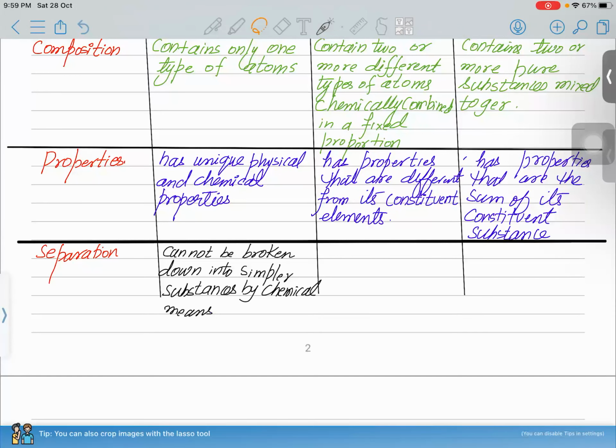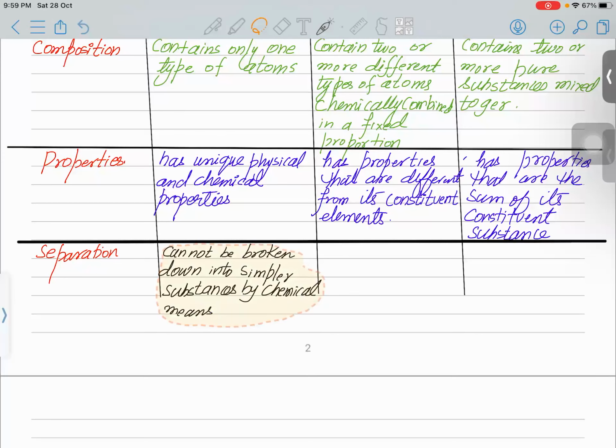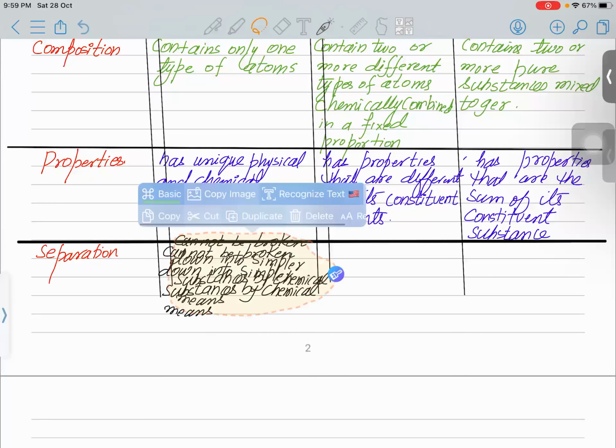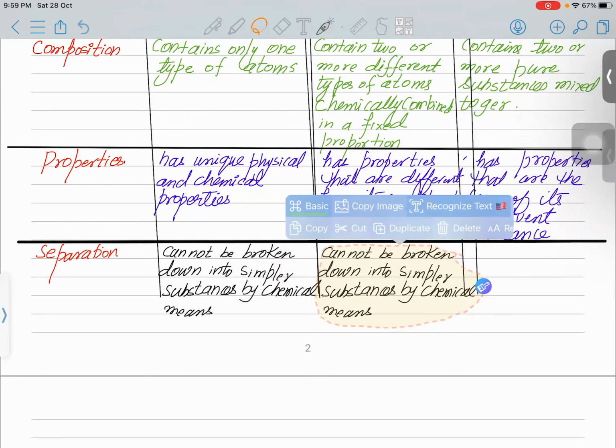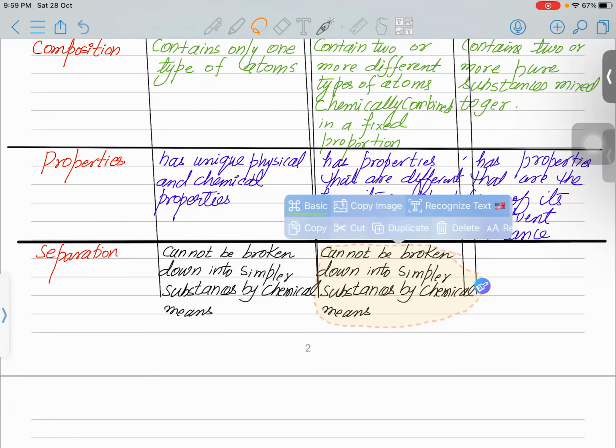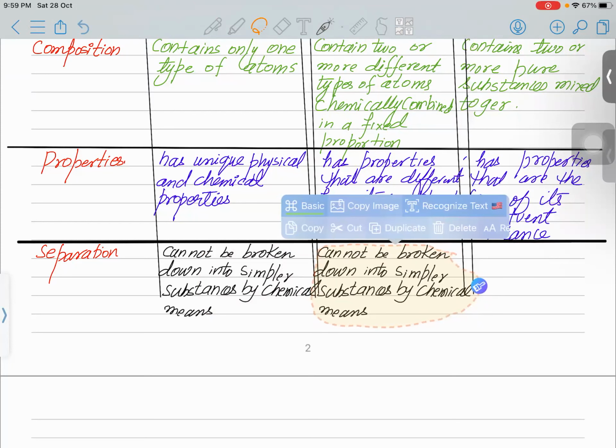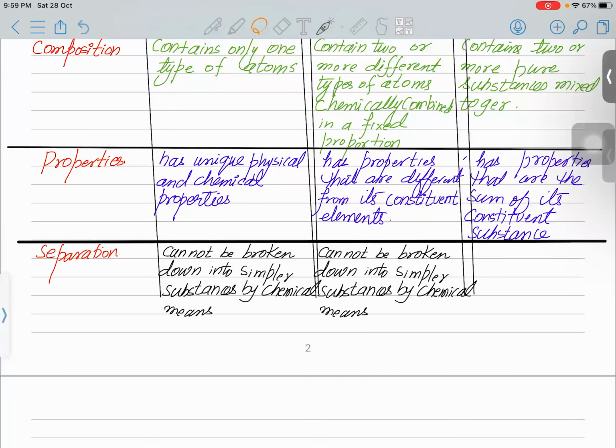And what about the mixture? Sir, mixtures can also be separated.